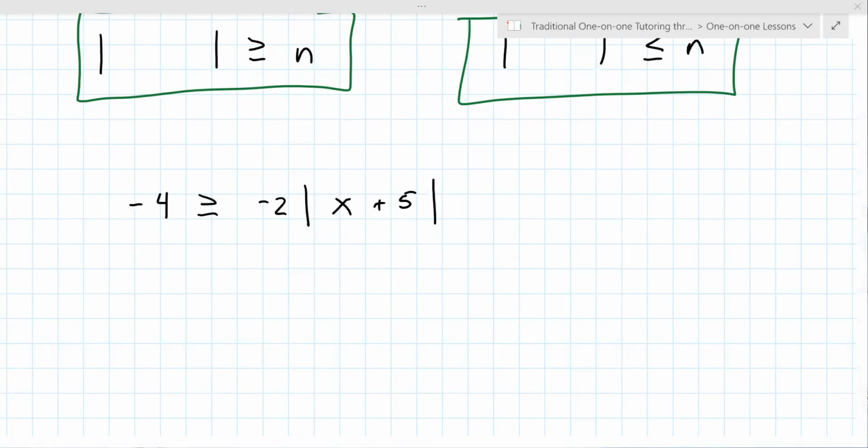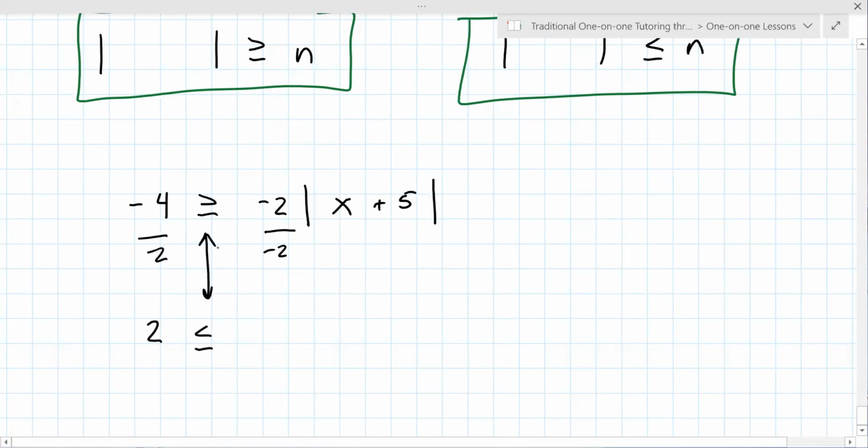What you're going to do is move that -4 over, kind of swapping them all in a way. So you'll have -2 absolute value of x plus 5, and then you're going to make sure that it's negative and that it's less than. Now it does flip. That's important here, and that's every so often thrown into this.